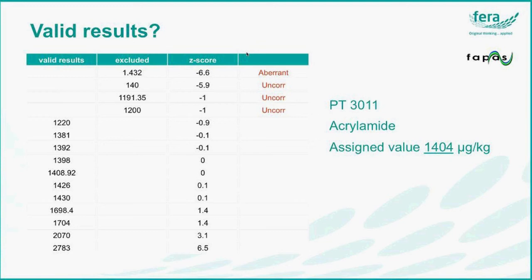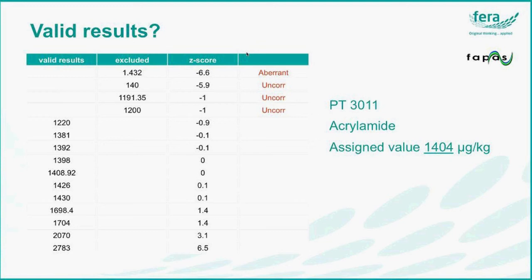In this example, we've excluded 4 of the results. The result at the top, 1.432, is clearly not part of the population. The assigned value is 1404, so this result is clearly not in the same order of magnitude as all the others.